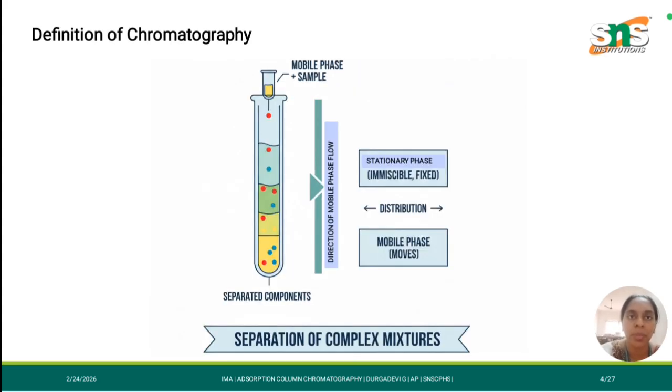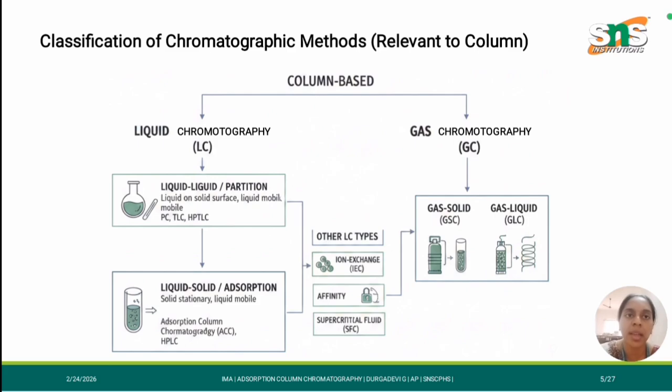The principle involved in chromatography is either adsorption or partition. It involves two phases: one is the stationary phase and the other is the mobile phase. The stationary phase is a fixed, immiscible one, and the mobile phase is one that keeps moving. The classification of chromatographic methods based on column can be categorized into liquid chromatography and gas chromatography.